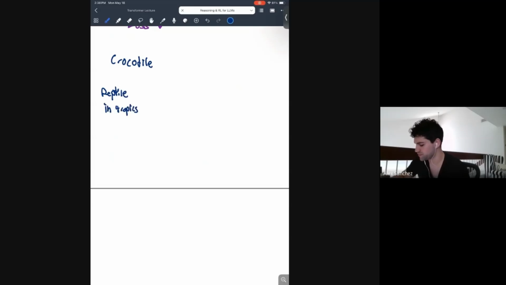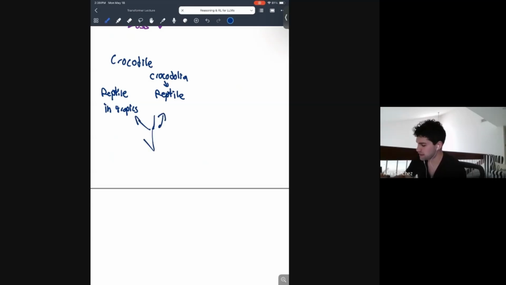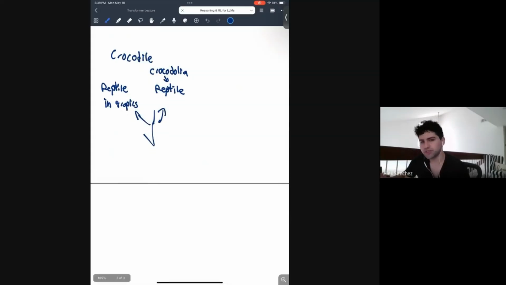Another can say reptile, but go into taxonomy, so they're more specific, like crocodilia. One explains it more simply, the other at a higher or lower level, but both are correct. So this is a very noisy environment to create a loss function for.